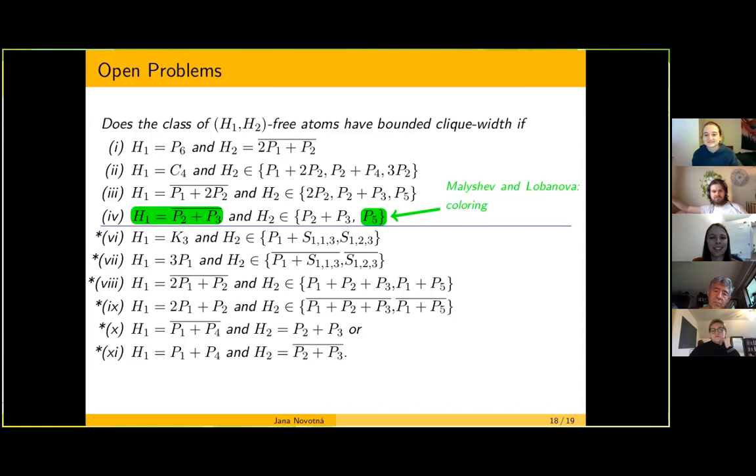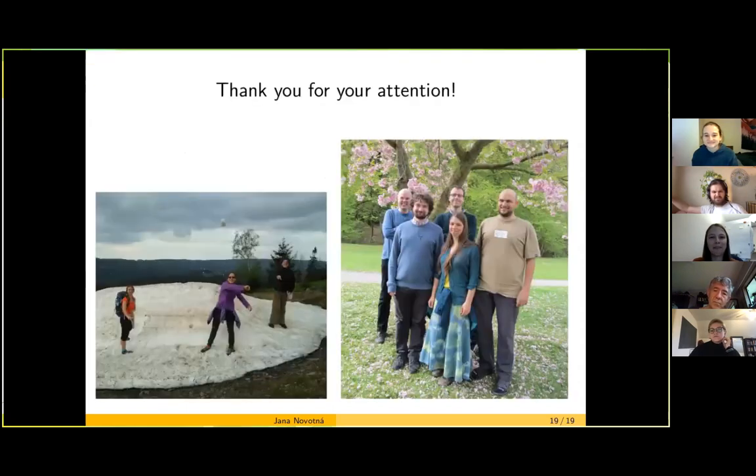So that was my talk. At the end, I put two pictures of our working group. On the right picture, we were solving the Clique-width problem together in Durham, and in the left picture there is part of our group after finishing writing the paper about free coloring of those 2P2 and P5 free graphs.